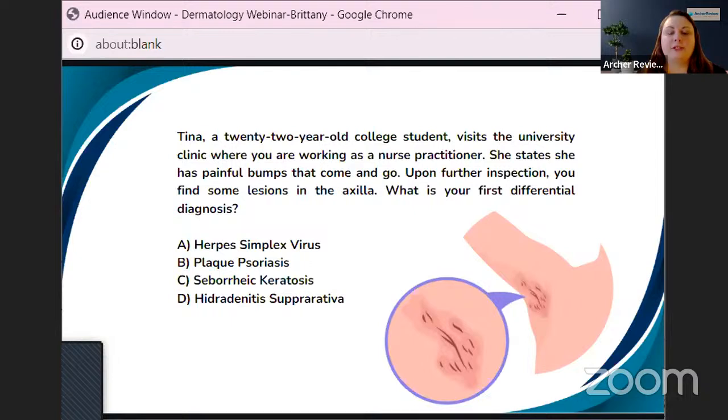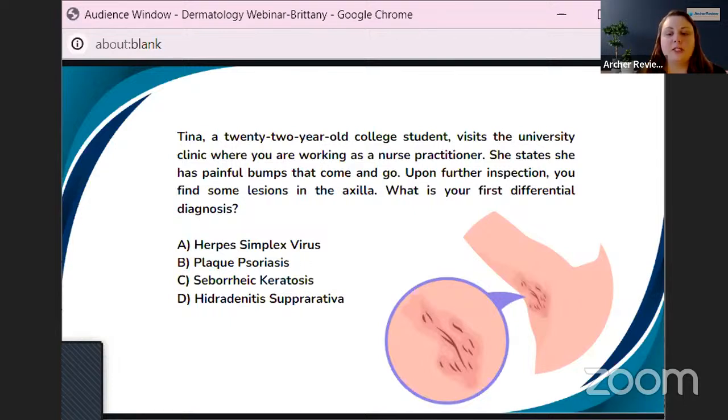So thinking about where things are going to be located. That's right, it's D. So this one here is a condition in which patients will get painful bumps, especially in their axilla and their groin. We can give them topicals. We can even inject it with steroids.